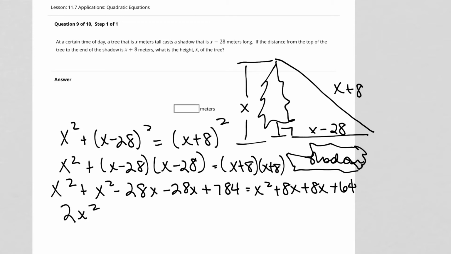This gives me 2X squared minus 56X plus 784 equal X squared plus 16X plus 64.